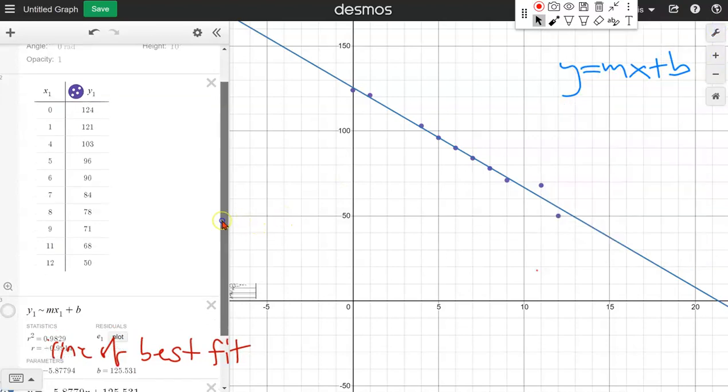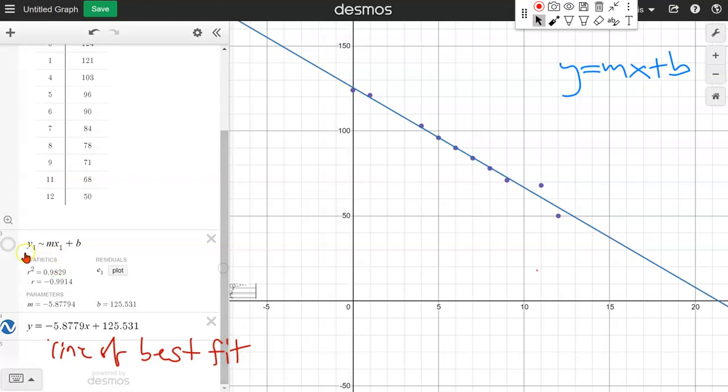And then don't forget this, to get your m and b, the slope and the y-intercept. So y1 tilde m x1 plus b. So practice this, and you will be able to get your m and b to write your equation. Okay, and that's it for activity 5, linear regression. Thank you.